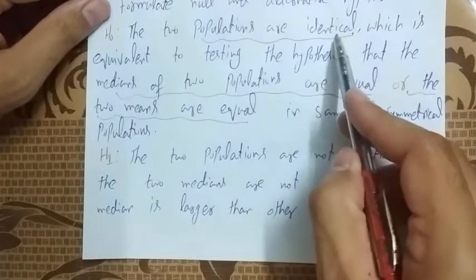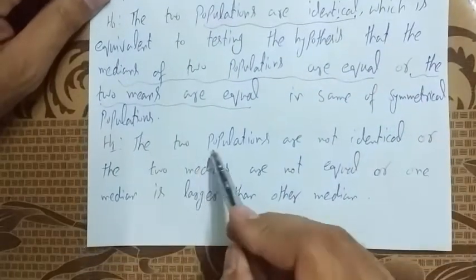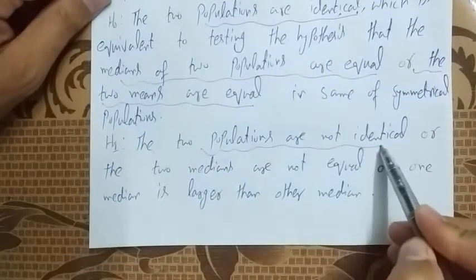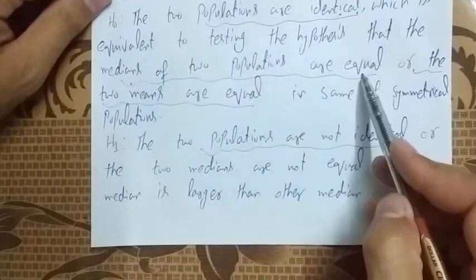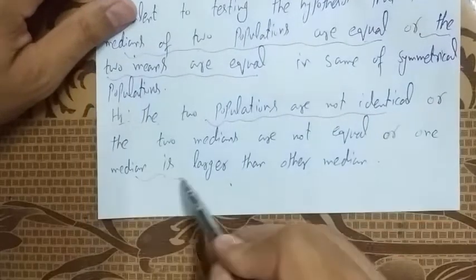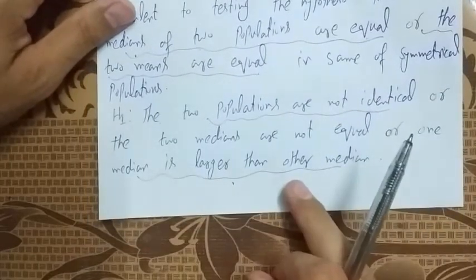Against two populations being identical, the alternative is that the two populations are not identical. Median of two populations are equal, but in the alternative one median is larger or less than the other.